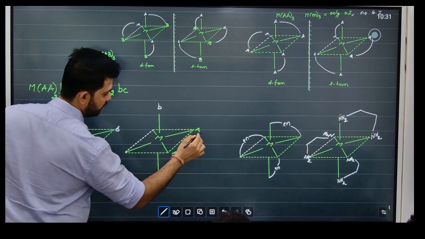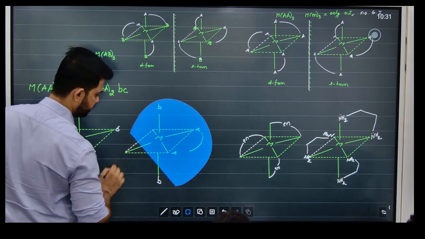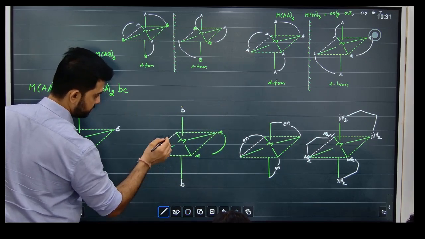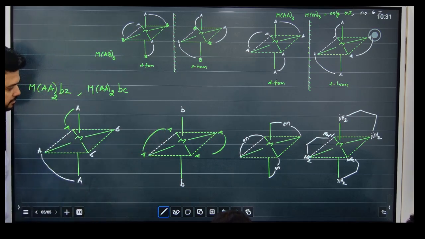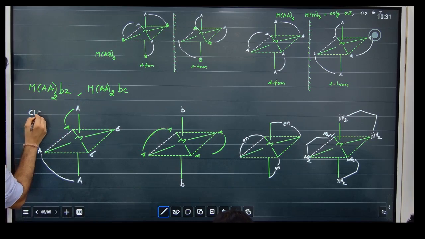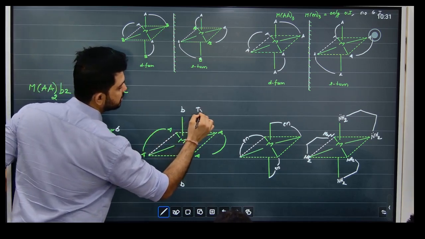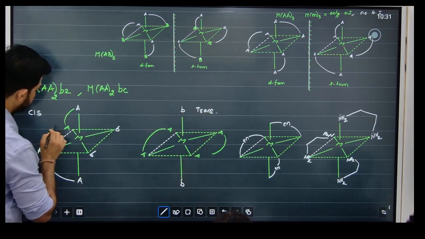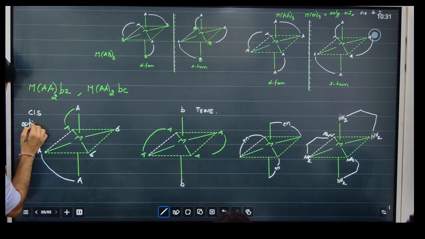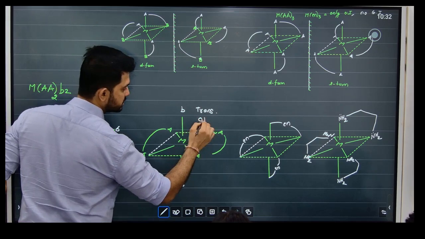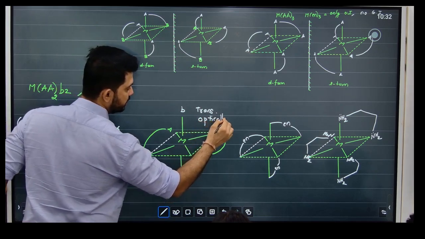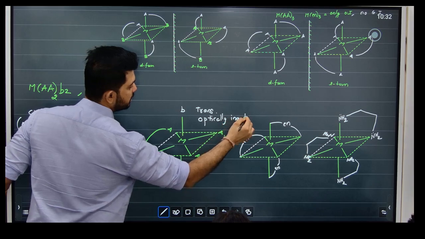A, join them. This is cis configuration, this is trans, and the cis configuration is optically active. There's no POS, and the trans configuration is optically inactive.